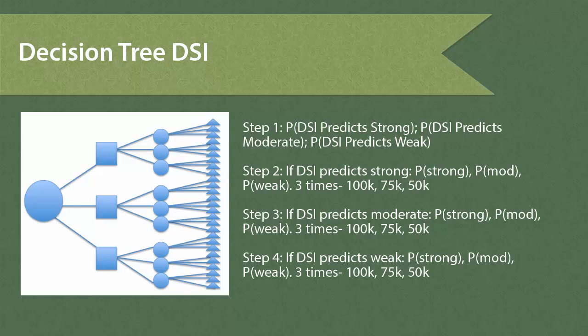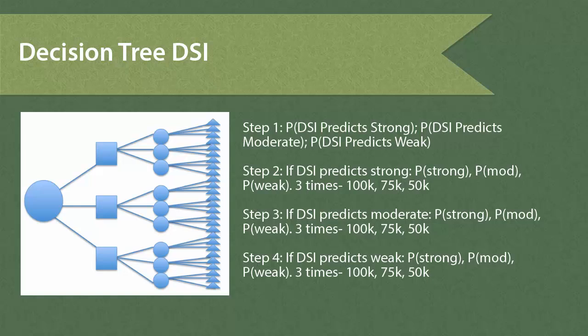So now that we've looked at the crosstab approach to obtaining some of the probabilities that we need regarding the DSI predictions, let's take another look back at this decision tree structure with the DSI information. Beginning with the circle on the far left, this is our first chance node.